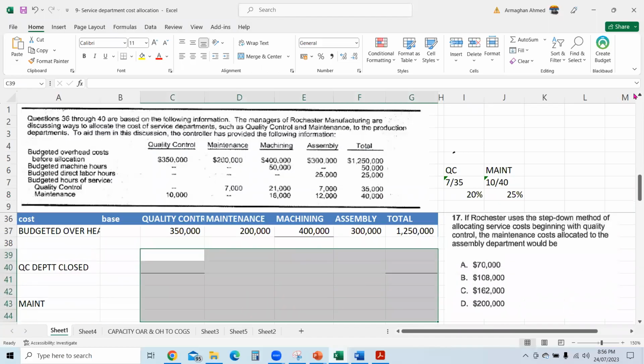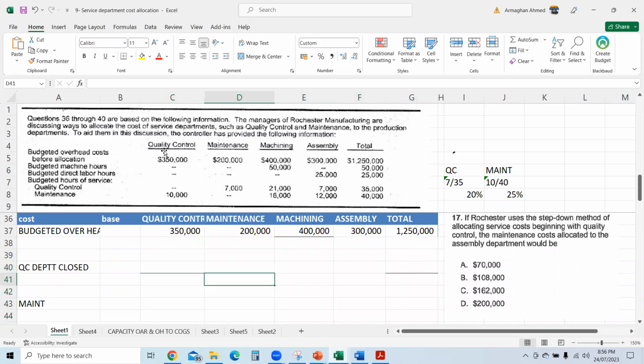Now, the cost of each department is already given, so I have written that one already. Now, let's see the question.